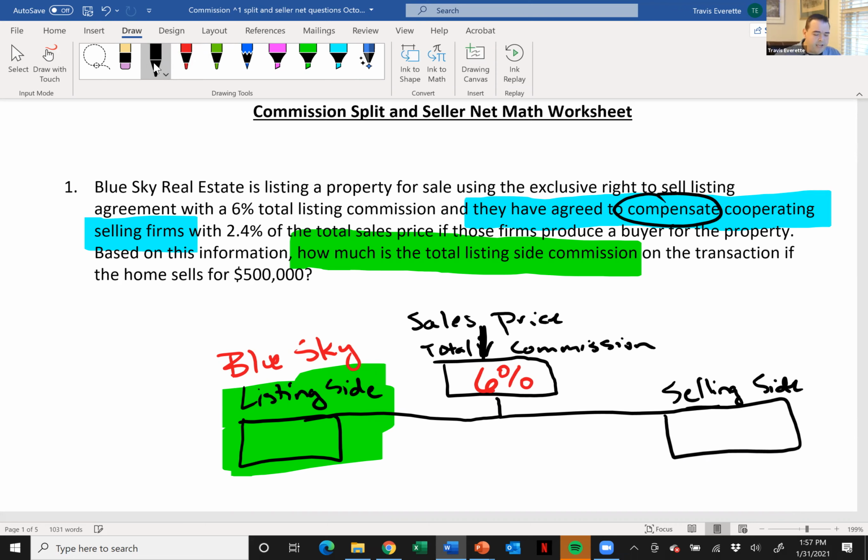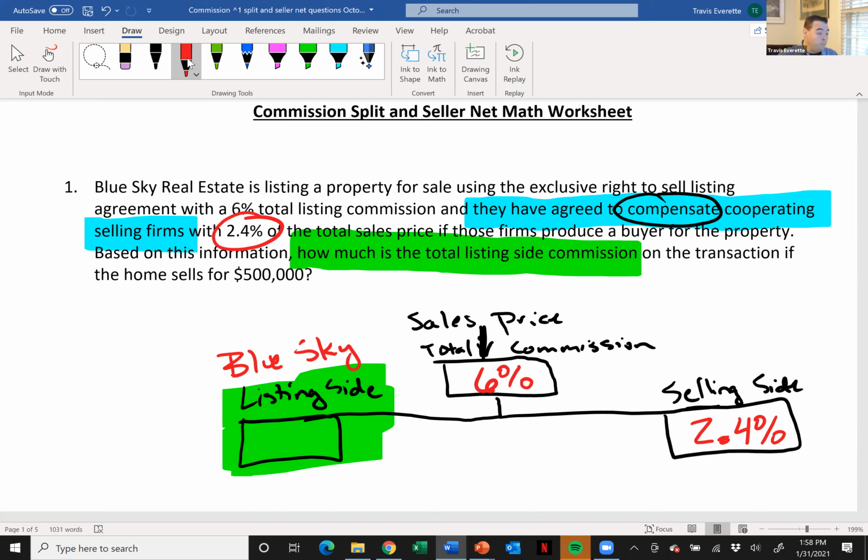Compensate. It doesn't say the listing firm is keeping or earning, it says they're compensating, they're paying, they're sharing, they're giving selling firms this 2.4% right here. So I'm going to put that 2.4% on the selling side.